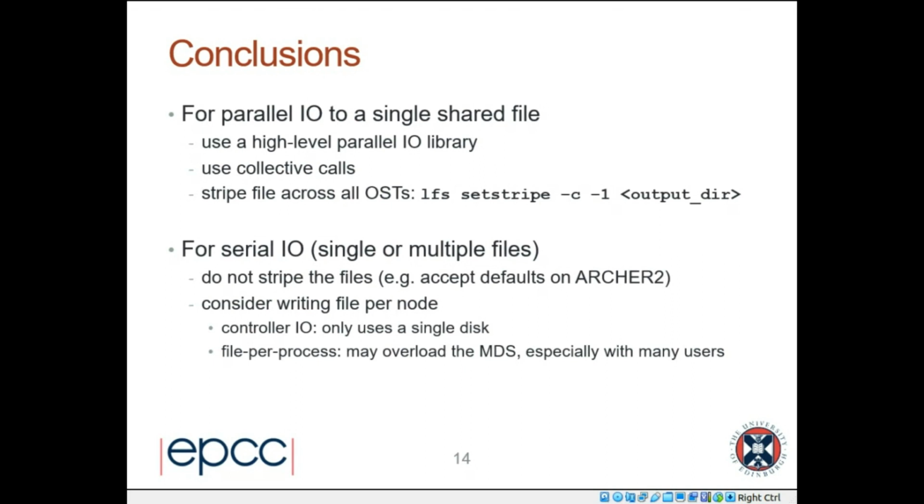So I hope that was useful. I think the conclusions are useful. For parallel I/O to a shared single file, use a high-level parallel I/O library, use collective I/O, but stripe.